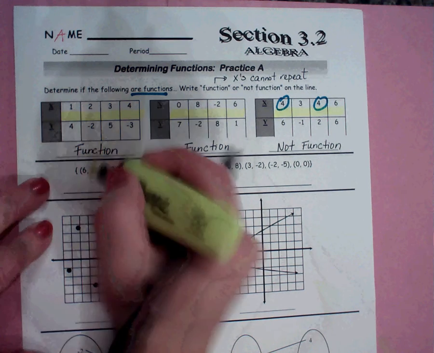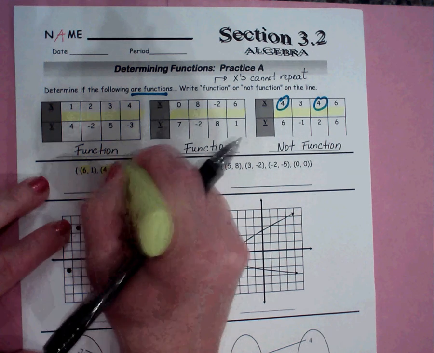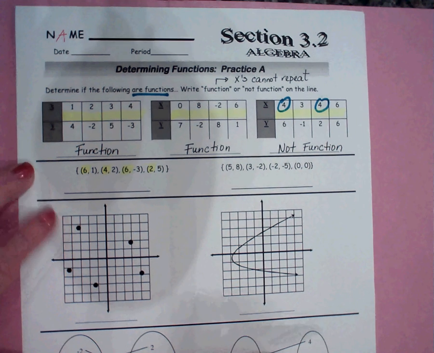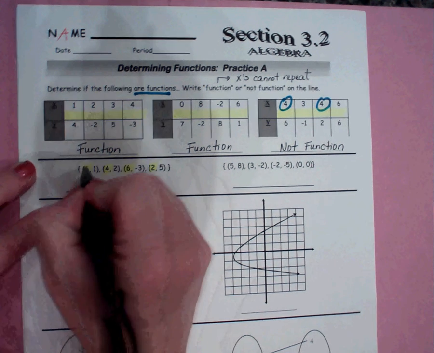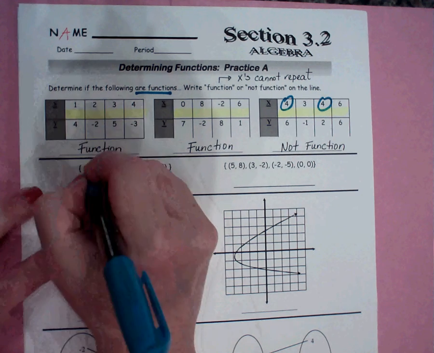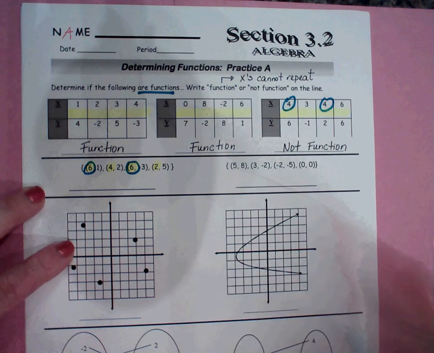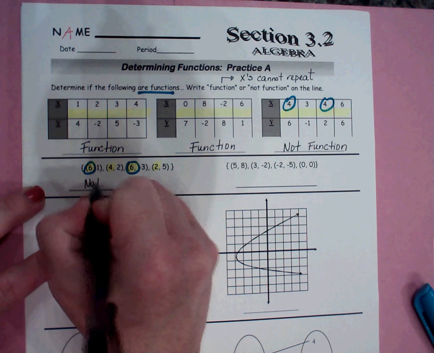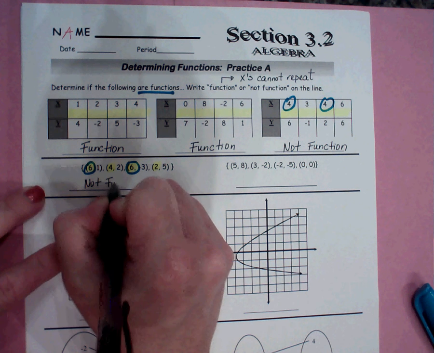Let's highlight my x's, which are my first coordinate, or the elements of the domain. Do I have any repeats? Yes, I do. 6 and 6. So this is not a function.